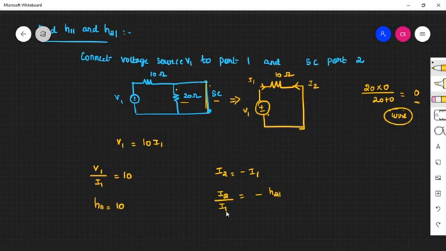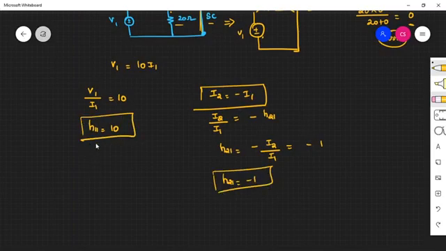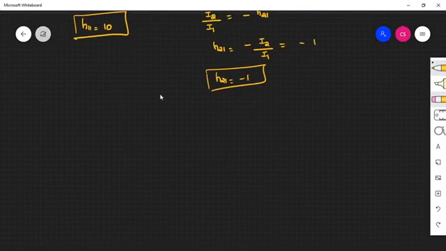H21 is the ratio of the two currents, I2 by I1, so H21 is equal to minus 1. So we have found the first two parameters: H11 as 10 and H21 as minus 1.